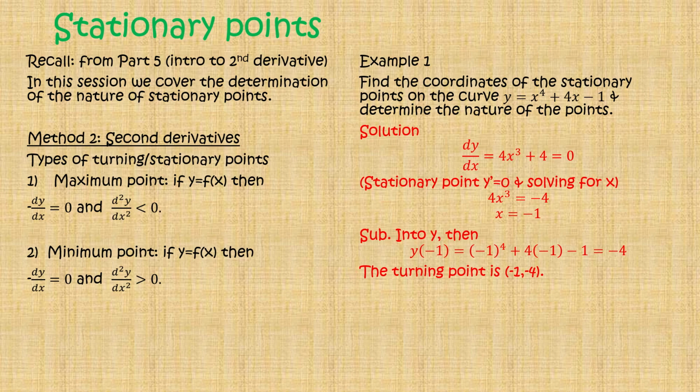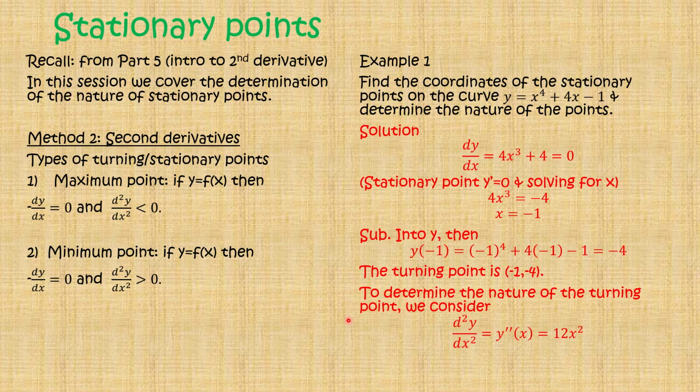Now we move on to determine the nature of the turning point. Now we consider the second derivative. As you would recall, the second derivative is differentiating the first derivative once again. In doing so, we are going to get y double prime of x, which is equal to 12x squared.